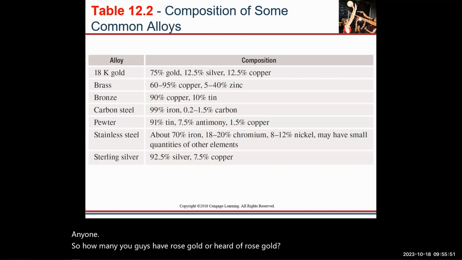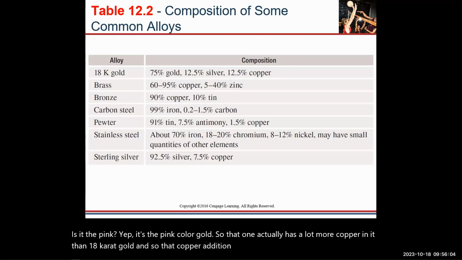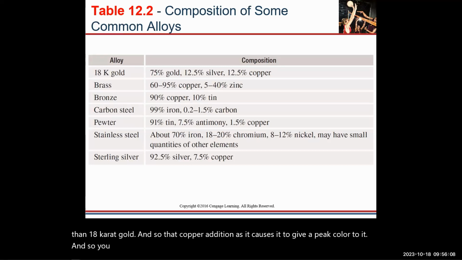Is it the pink colored gold? Yep, it's the pink colored gold. That one actually has a lot more copper in it than 18 karat gold. And so that copper addition causes it to have a pink color to it. And so you'll end up with like 30 to 40% copper in that case, and then the rest of it will be kind of gold.